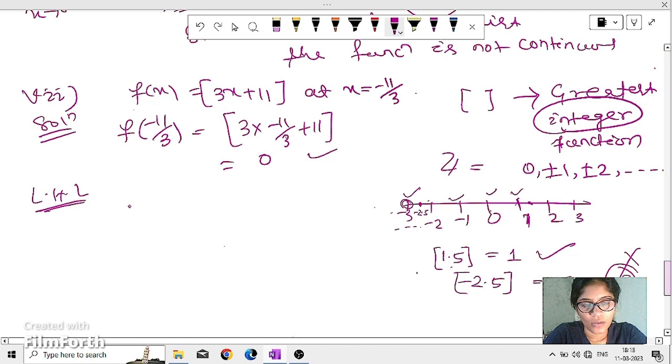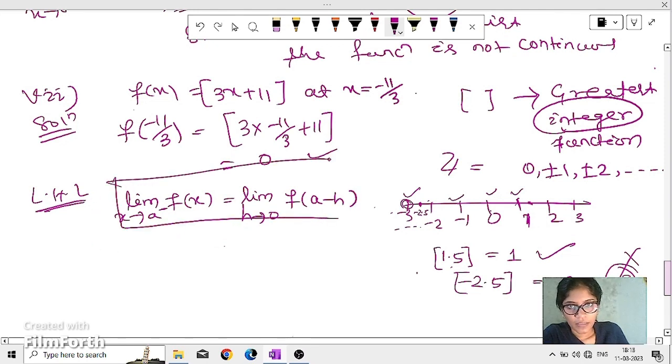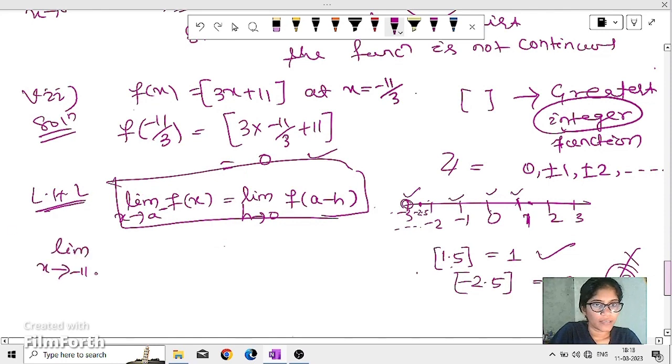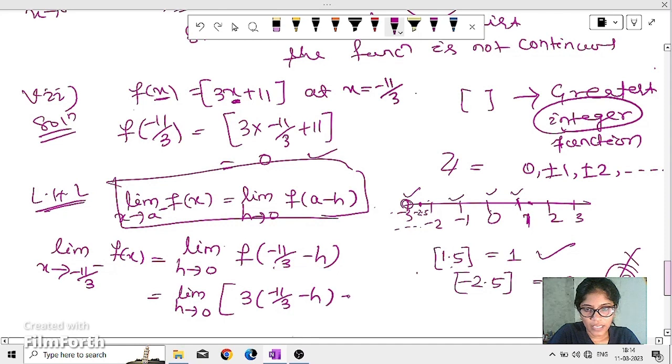Now to find the left hand limit, limit x tends to a minus of f of x is equal to limit h tends to 0 of f of a minus h. Putting the formula, limit x tends to minus 11 by 3 minus of f of x is equal to limit h tends to 0 of f of minus 11 by 3 minus h. In place of x, the function f of x is 3x plus 11, so we put 3 into minus 11 by 3 minus h plus 11.